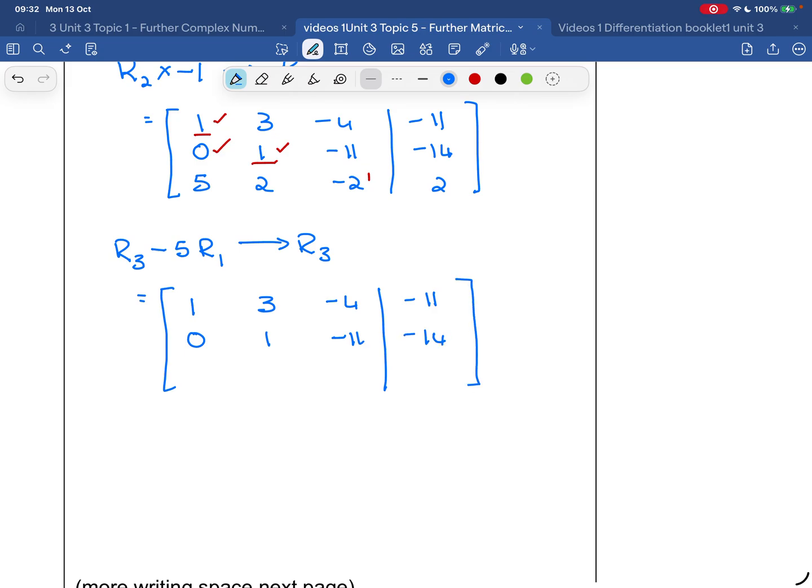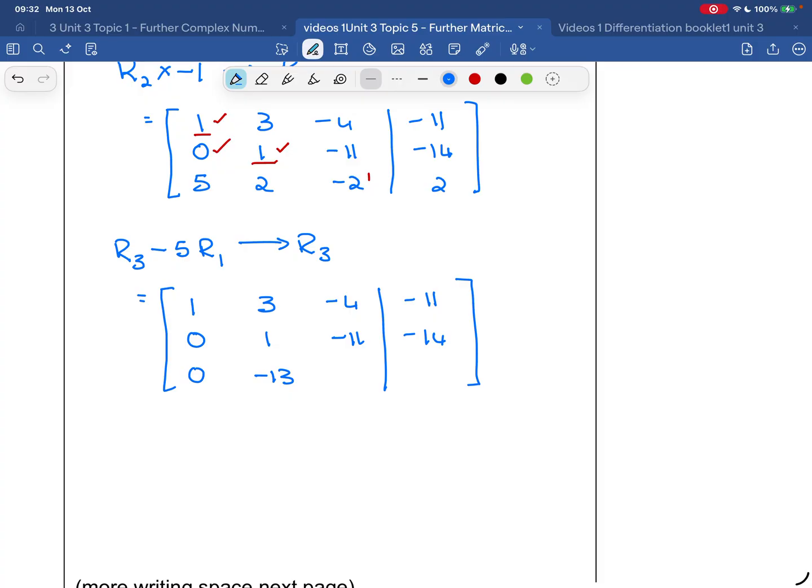But row 3, 5 minus 5 times 1 is 0. 2 minus 3 5s, which is 15, gives me negative 13. Negative 2 minus 5 times negative 4, which is negative 20, so it's positive 20.